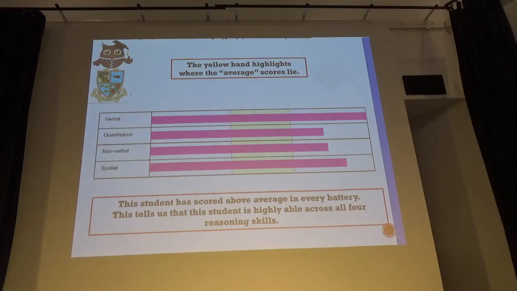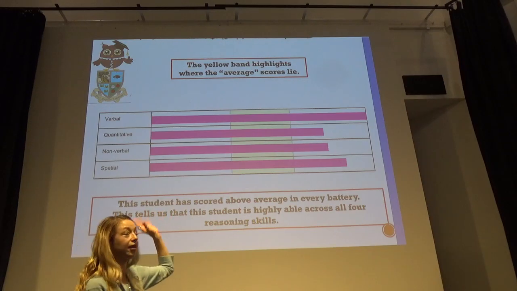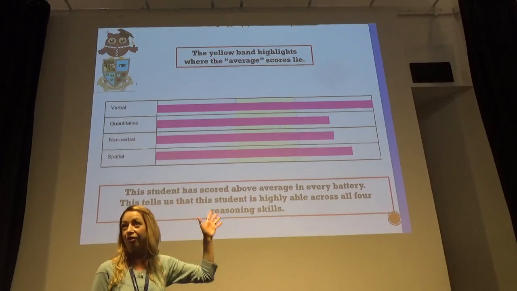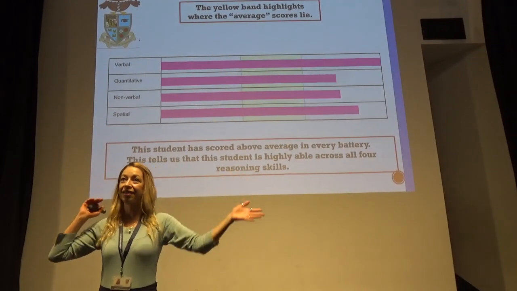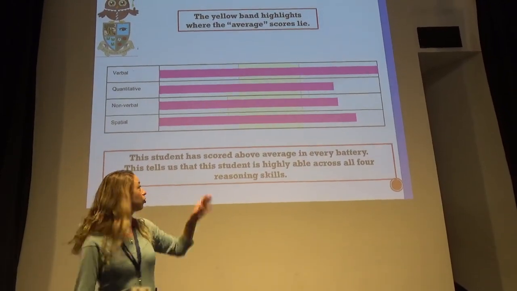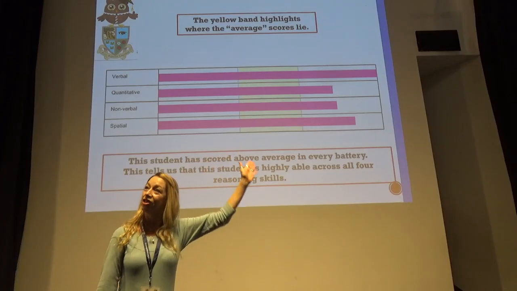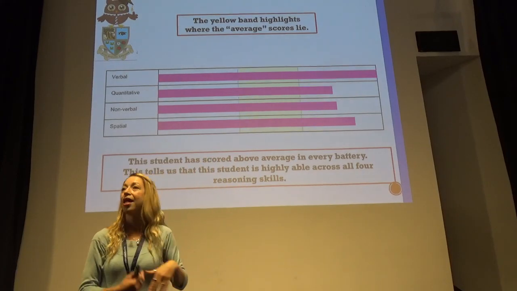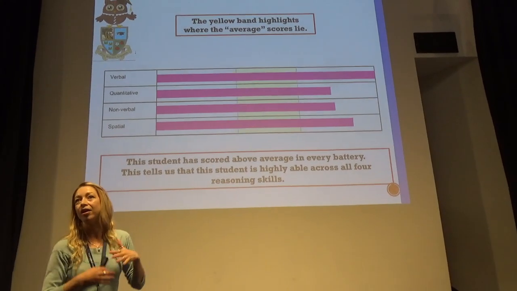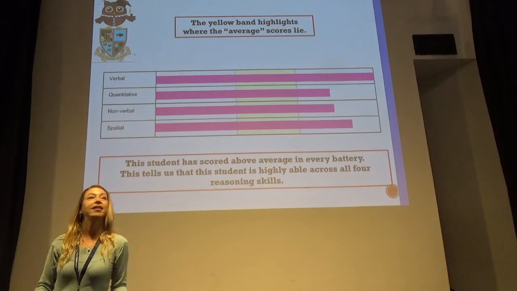So this is the kind of information that you will receive on the CAT4 assessment. So the yellow band in the middle here, that is average. So that is the 89 to 111. So if your child's bar goes into that yellow band in the middle, that means that they are at age-related expectations.